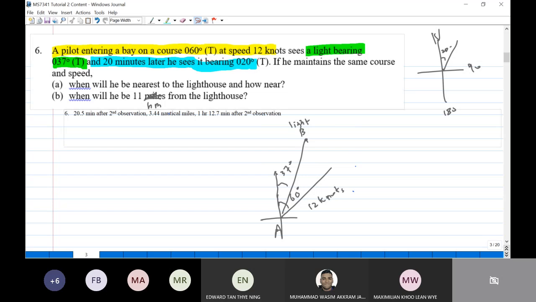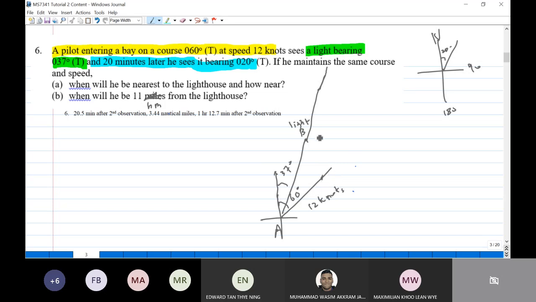I can draw the B further away here. So this is B somewhere, and then it's 20 degrees.